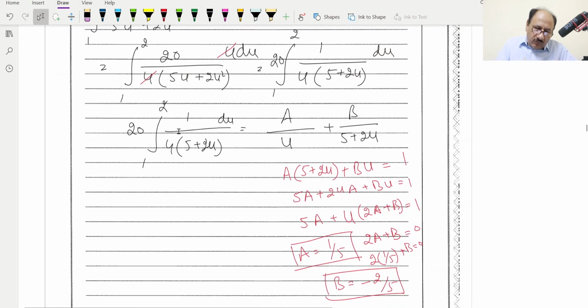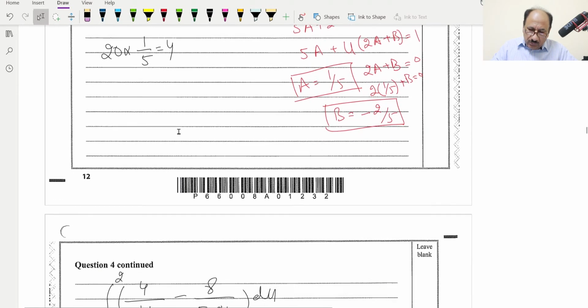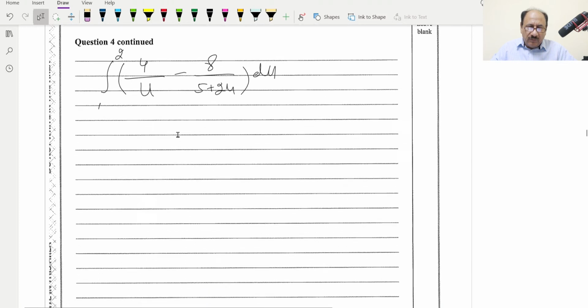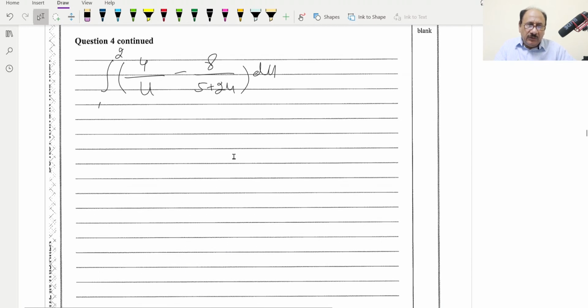How did we get 4? 20 multiplied by 1 by 5, so we will get 4. Similarly, 20 multiplied by minus 2 over 5, we will get minus 40 over 5, which is equal to minus 8. And these two values, 4 and minus 8, we have written over here. Hopefully now it is clear.